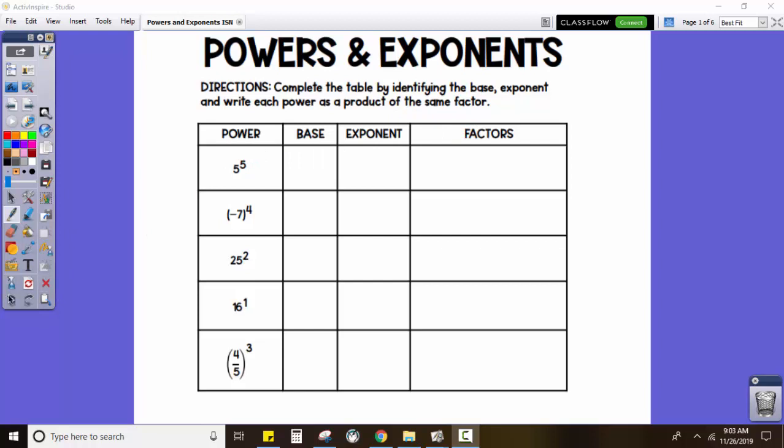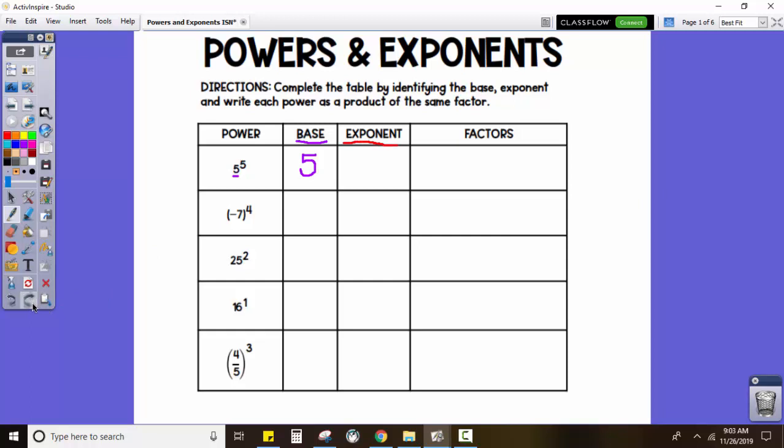So for the first one, we have 5 to the 5th. Okay, now this is the power. When we look at the base, the base is this bigger number. That's kind of how you can remember it. So the base of this one is 5.